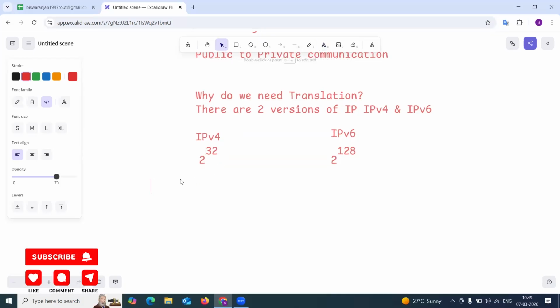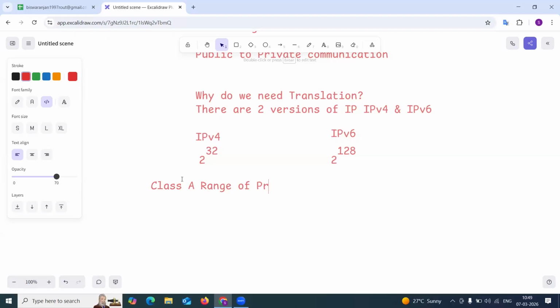When I talk about IPv4, we have class A. In this also we have a range of private and public IP.